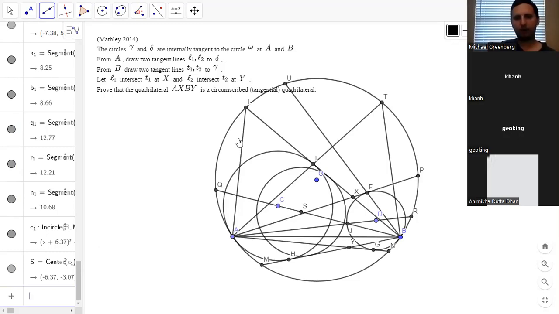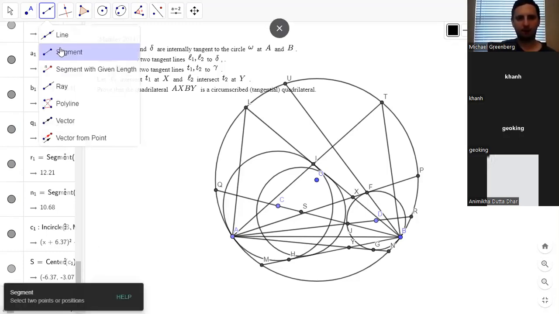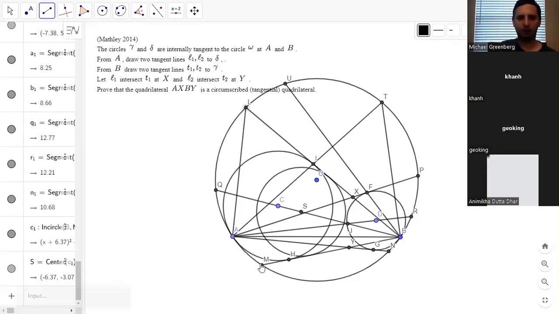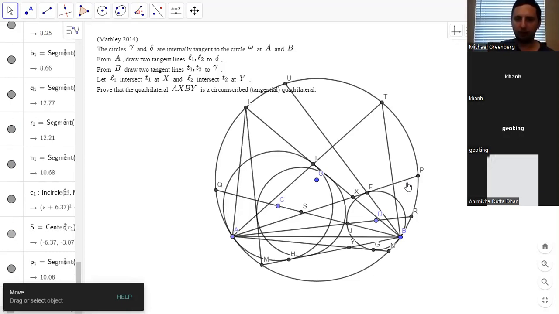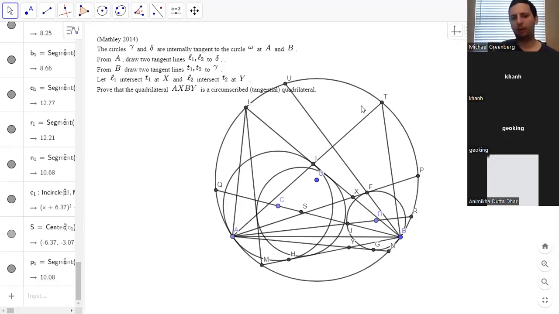So AS, yeah, it's getting messy here, but I was trying to use the mixtilinear stuff. So AS passes through the midpoint of ML. If you can see a way to use mixtilinear, let me know. But I don't want to draw it all because it's kind of messy.